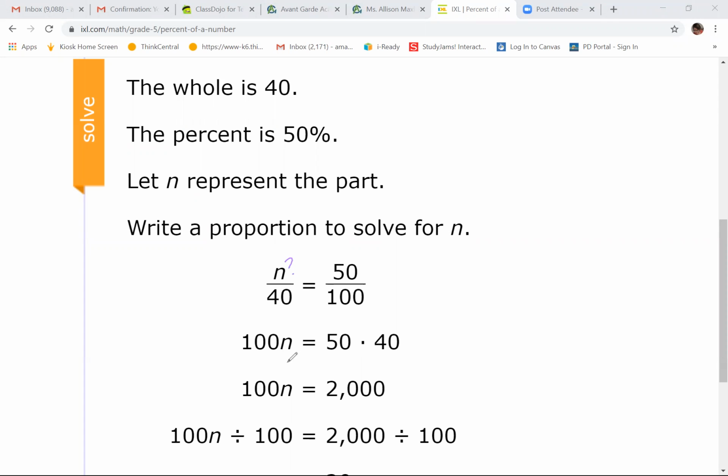So what they did is they said, oh, well, 100 times n is the same as 40. I'm getting confused. Oh my goodness. This is confusing me. Are you getting this? 100n is 50 times 40. 100n is 2,000. Oh my gosh. I don't know. Miss Allison, I think, I don't know. I like mine way better.